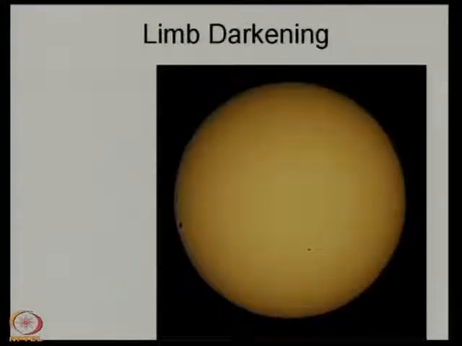Okay. So let us use this picture to make some idea about the sun. The first thing that we would like to discuss is the phenomenon of limb darkening. So let us first take up for discussion the phenomenon of limb darkening.